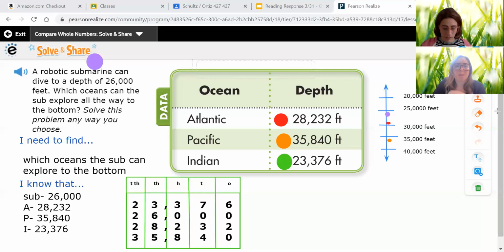Right there. Perfect. And last, the Indian Ocean, which you represented with the green dot, is 23,376 feet. So that has to be above 20,000 feet, but under 25,000. Yeah, so it's greater than 20,000 feet, but less than 25,000 feet. Yes.